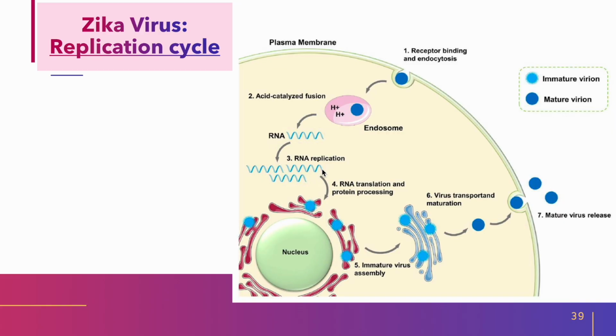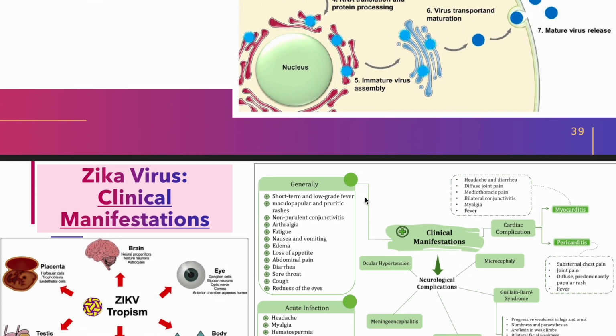This replication cycle happens in the cytoplasm. Then the immature virus is assembled in the ER, or endoplasmic reticulum, and goes outside the cell after it's mature. It's released outside the cell.